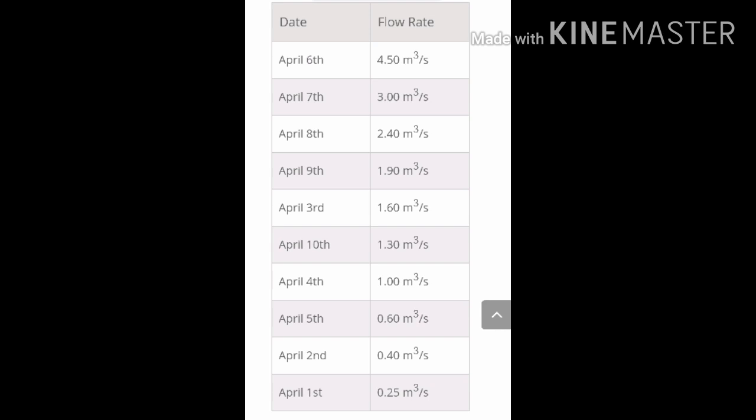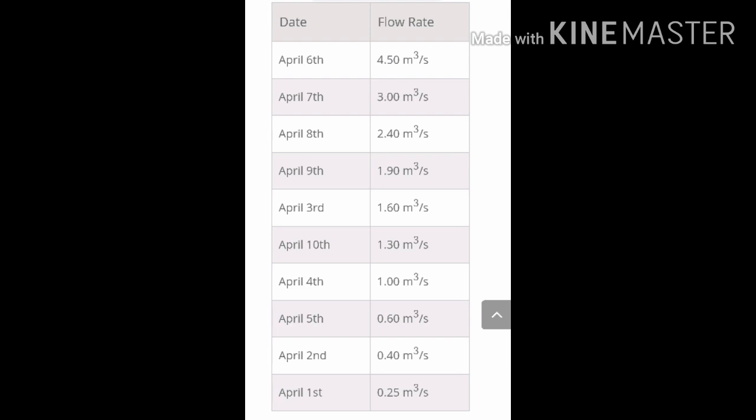Now here you can see a table in which the flow rates are arranged along with their days in descending order. Since the flow rates are available to us for 10 days, these 10 days we will take as 100% time.